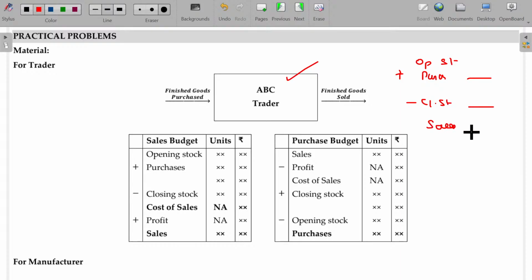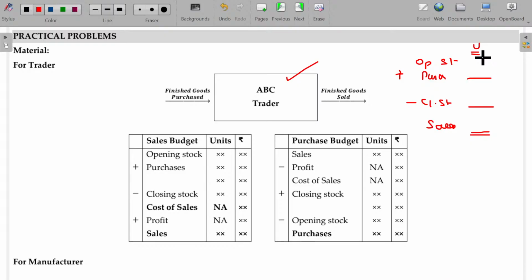Sales. Isn't it? This is the sales budget in terms of units. Everybody knows this. Opening stock plus purchases minus closing stock is the sales. Is that clear?